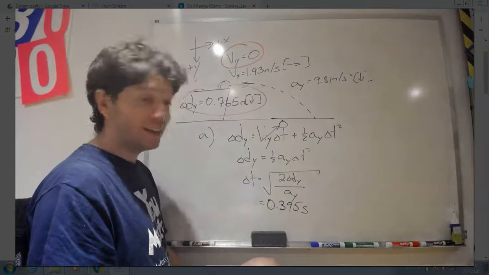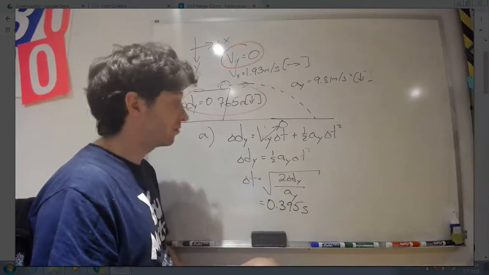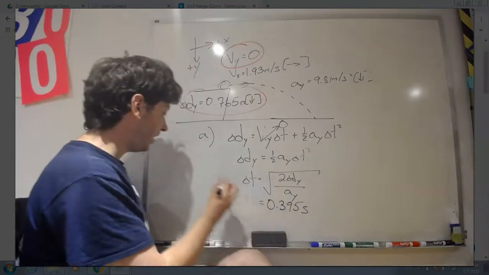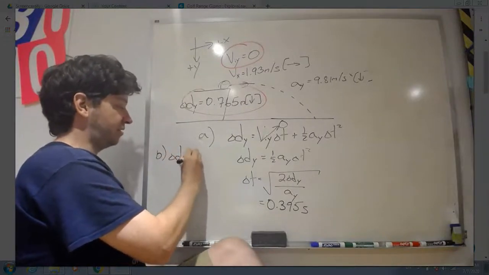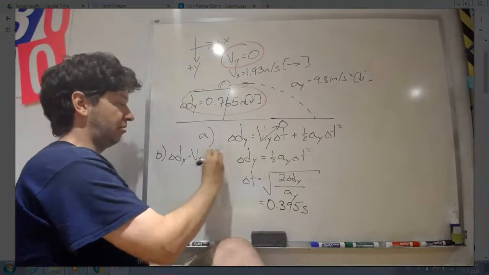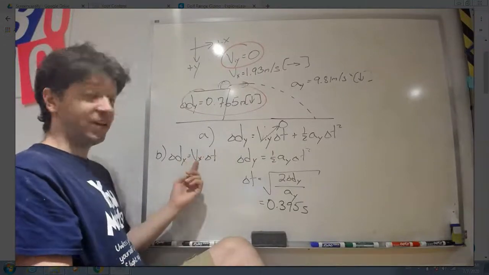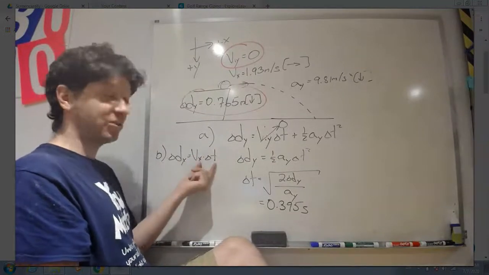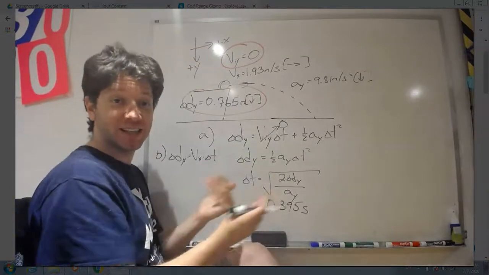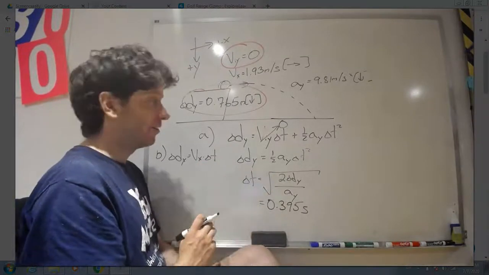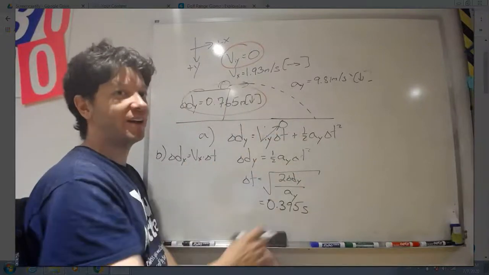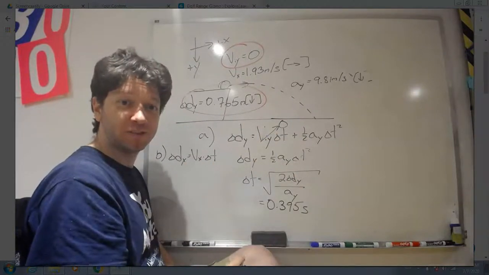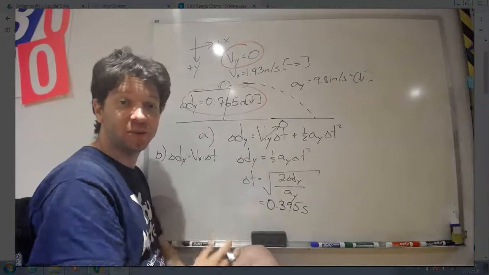Now part B says what's the range, the horizontal range? Well, now that we know time, we're going to solve for range. We go back to this equation. Before we only knew velocity. Now we know time as well, because remember, time is the same in both coordinates. It doesn't make sense that it would be different, because then the ball that's flying would split up into 2 balls traveling to different coordinates at different times.